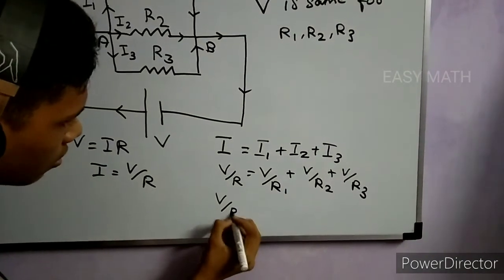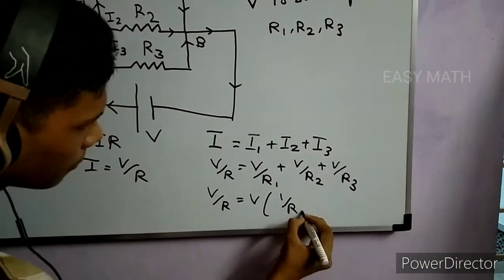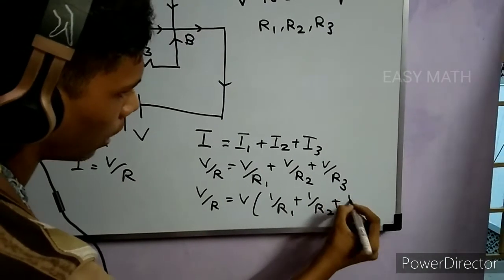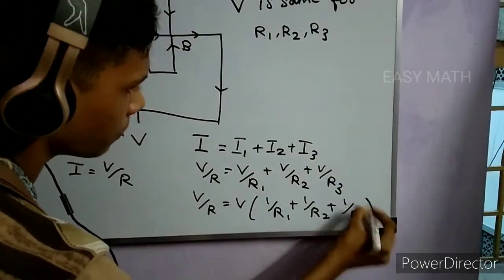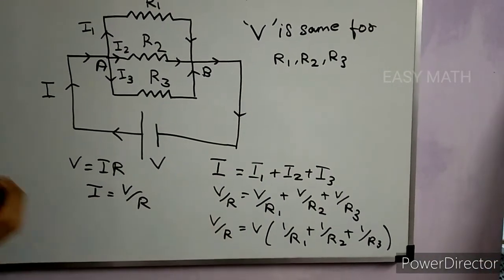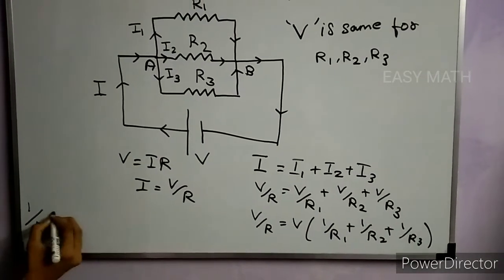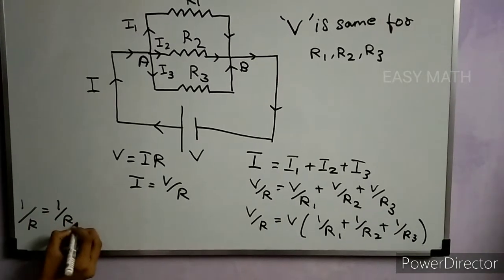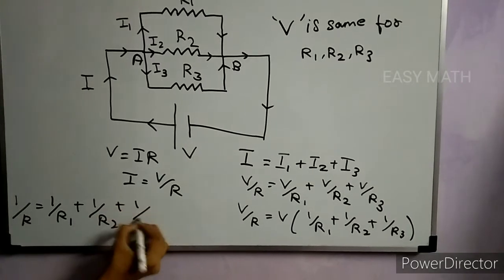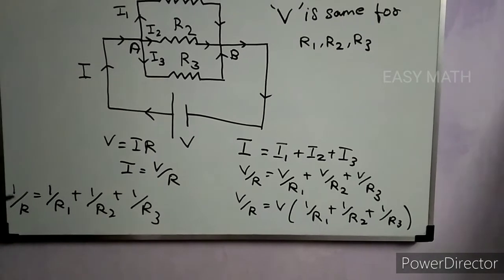V by R is equal to, we can take V common, 1 by R1 plus 1 by R2 plus 1 by R3. We can cancel V on the LHS and RHS, so we can write the final equation as 1 by R is equal to 1 by R1 plus 1 by R2 plus 1 by R3. Here R is the equivalent resistance.